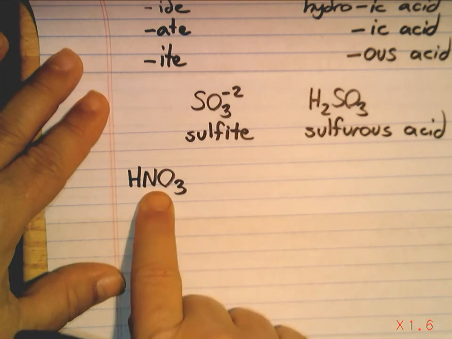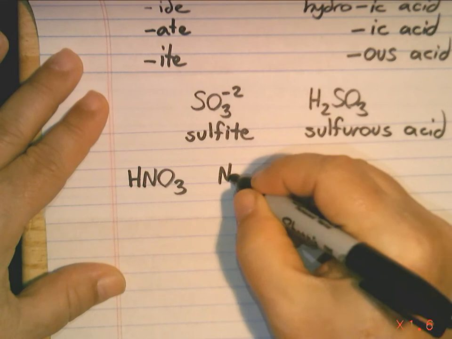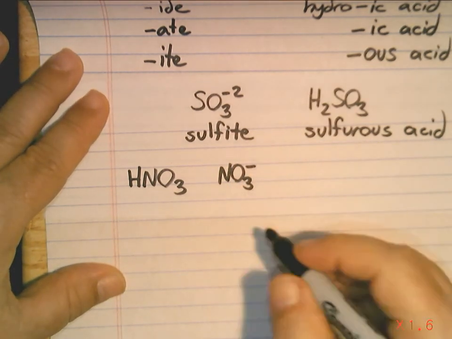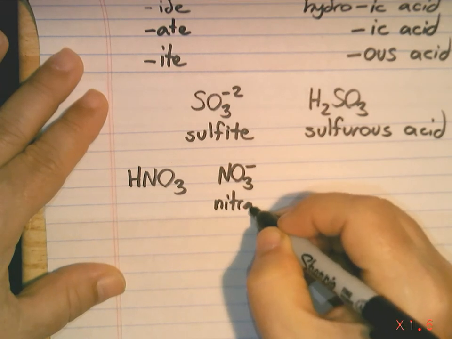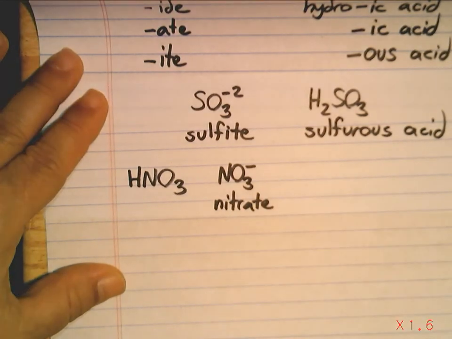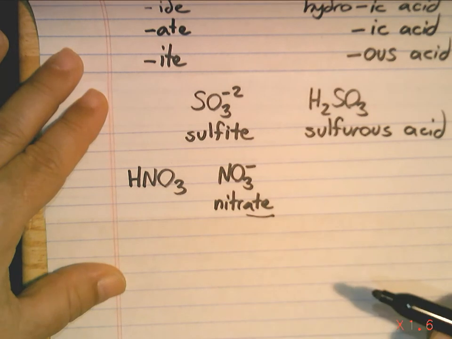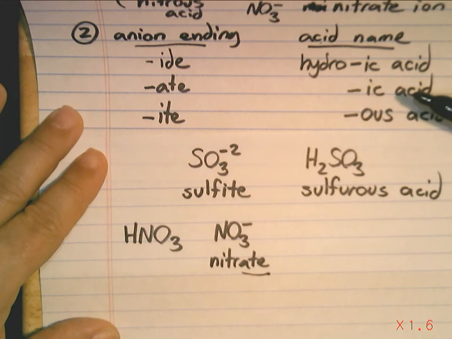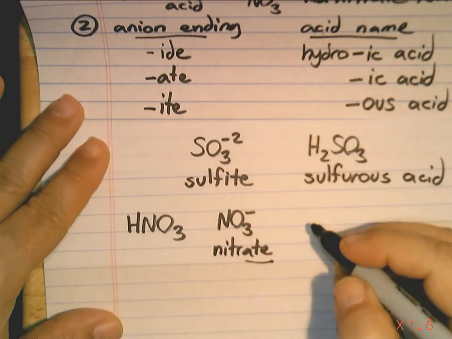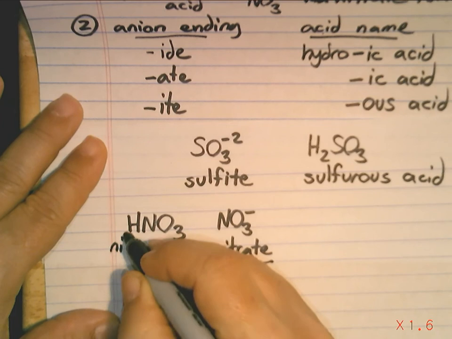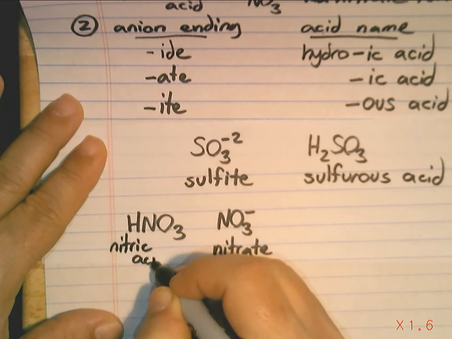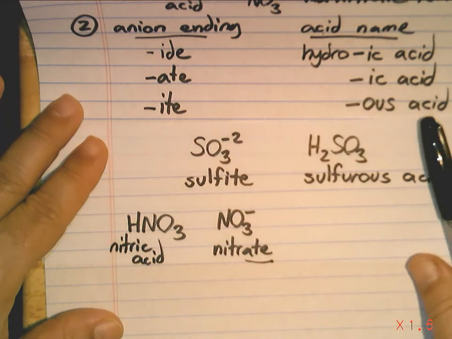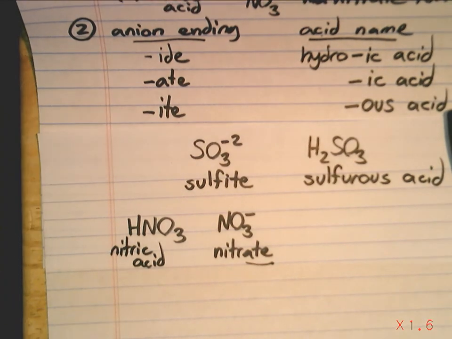You look at the acid, figure out what's the formula and charge on the ion that's inside. Ask yourself, do you know the name of that ion? And then the next step is, look at the ending on the name. If it's ATE, you're going to cut off the end and put ic acid. So this would be called nitric acid. That's the process that you go through to name acids. Do as many examples as you can stand to do.